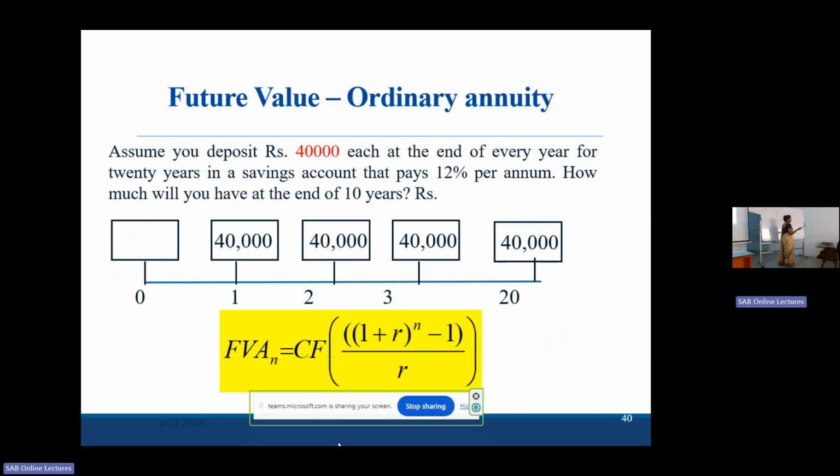So (1.01 to the power n, where n is 10 years but frequency is 12, so it becomes 120, minus 1) divided by 0.01. If you deposit this 40,000 monthly, this is the amount you will get at the end of 10 years. So you can calculate it.